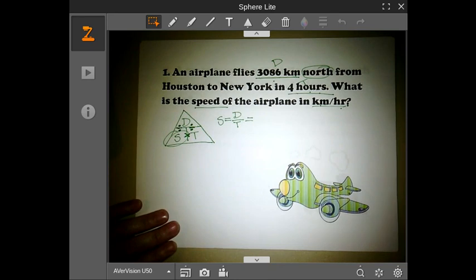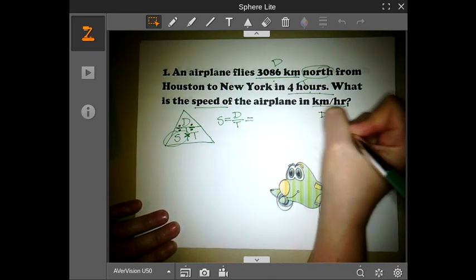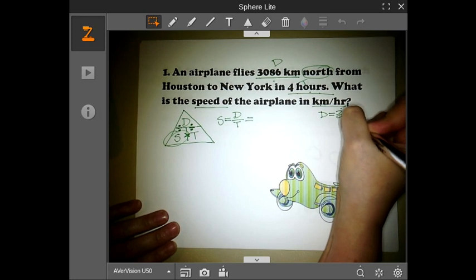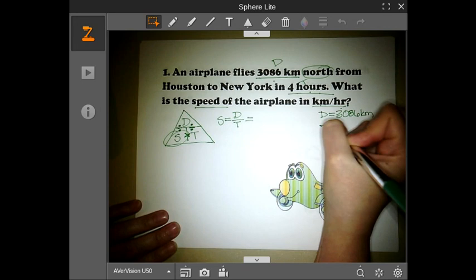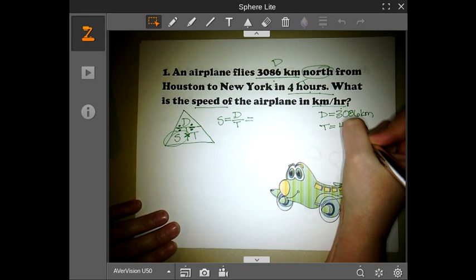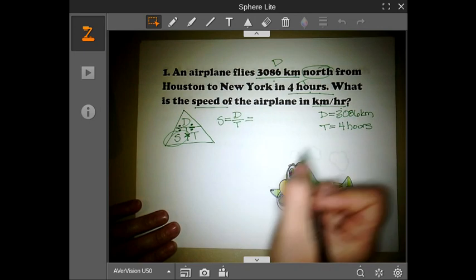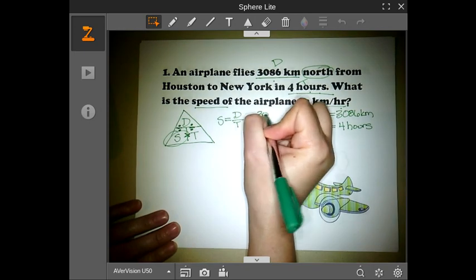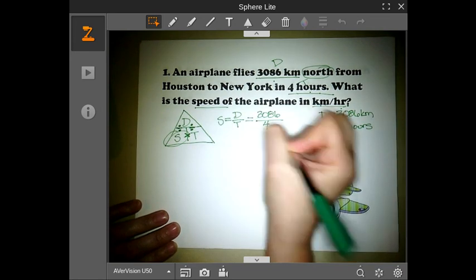If we plug in our numbers, D is 3,086 kilometers, and then time, T, is 4 hours. So when we plug those numbers in, we have 3,086 divided by 4.